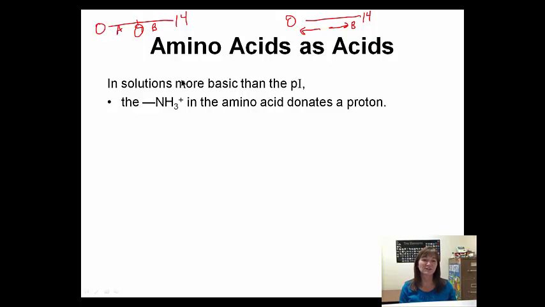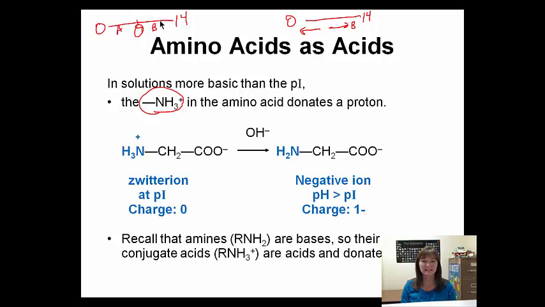So in solutions that are more basic than the isoelectric point, the NH3+, which is positive, in the amino acid is going to donate its proton. So if it's more basic, then this group is going to give up an H+. So here's an example. Remember, our symbol for adding a base is this hydroxide ion. Okay?